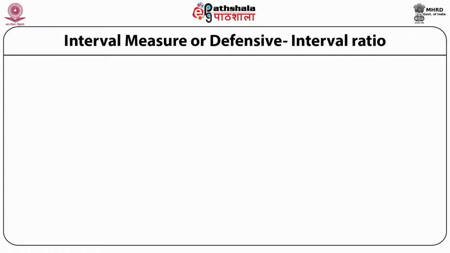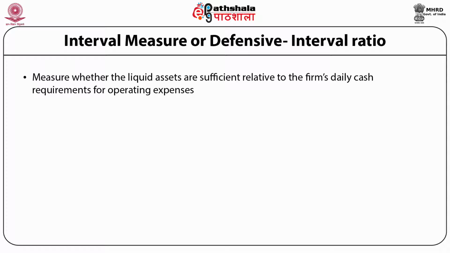Next ratio is the interval measure or defensive interval ratio. It measures whether the liquid assets are sufficient relative to the firm's daily cash requirements for operating expenses or not.